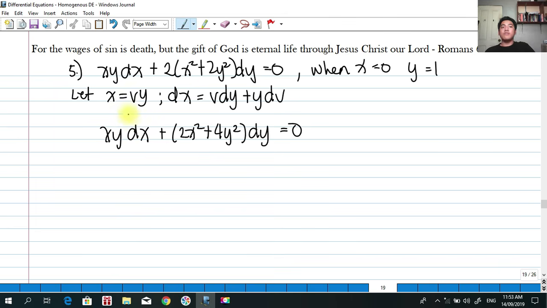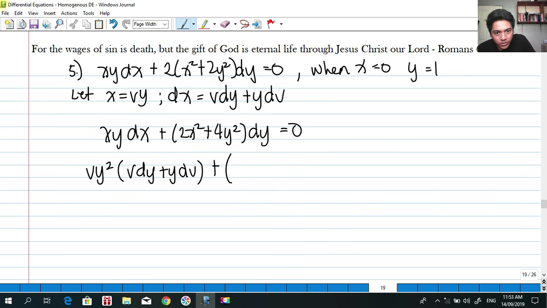Then we simply substitute again. The x is equal to vy and dx is v dy plus y dv. If x is equal to vy, times y is vy squared, multiplied by dx, we have v dy plus y dv, plus twice the square of x, which is vy, so that is 2v squared y squared, plus 4y squared, dy is equal to 0.